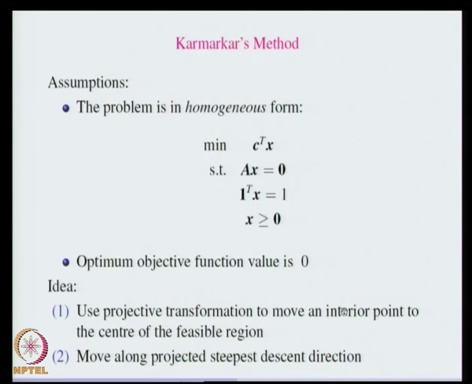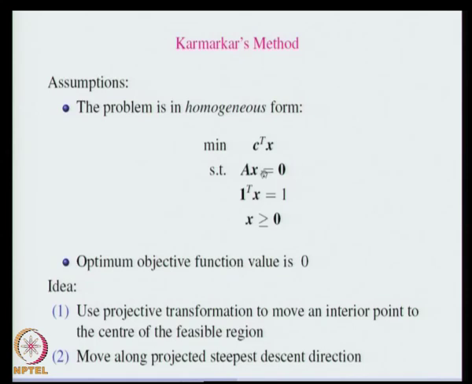So, finding a transformation to move an interior point to the center of the feasible region and moving along the projected steepest descent direction are two key aspects of Karmarkar's method, and all these are done with respect to this problem formulation, which is the linear program in homogeneous form, and under the assumption that the optimum objective function value of this program is 0.